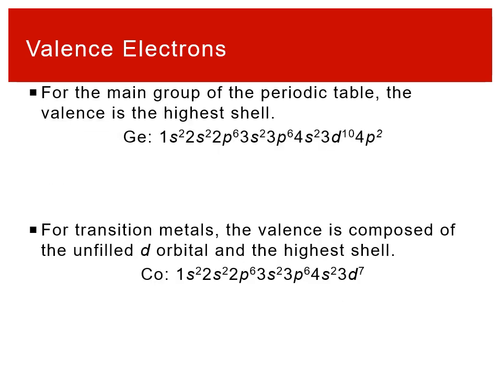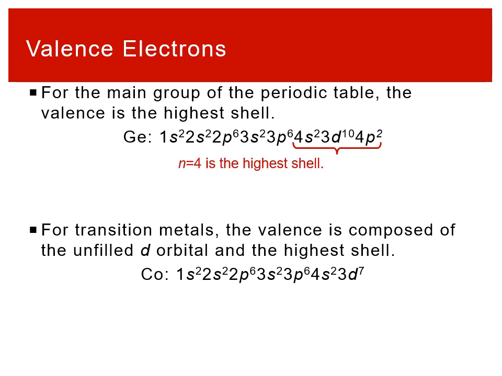So when we want to look at an electron configuration and figure out what the valence is, when we're looking at the main group of the periodic table, the valence is just going to be the highest shell. If we look at something like germanium, there's a lot of electrons there, but the electrons that are furthest out have the biggest orbitals, and that corresponds to the highest shell.